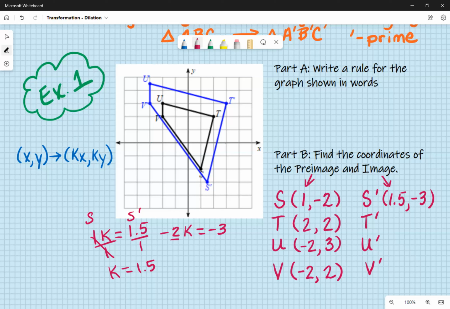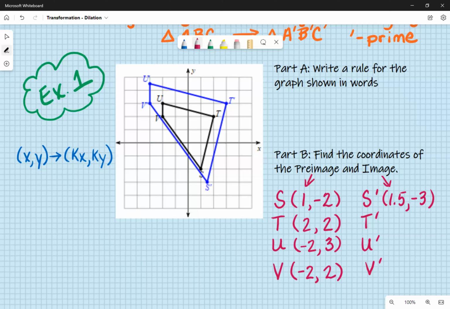When I simplify and divide both sides by what's stopping k from being by itself, I again get that same 1.5, which is what should happen. So if I were to test each of those points, I am going to get the scale factor of 1.5.